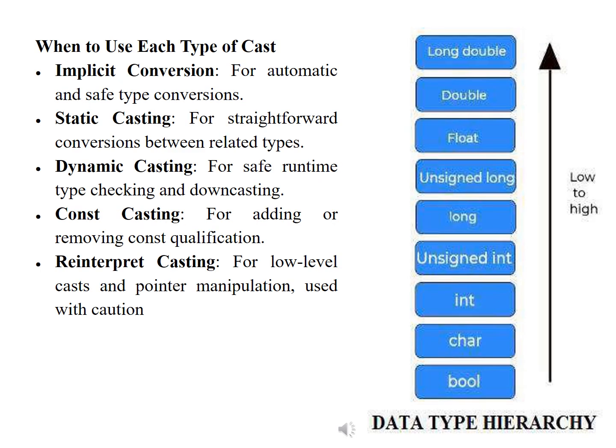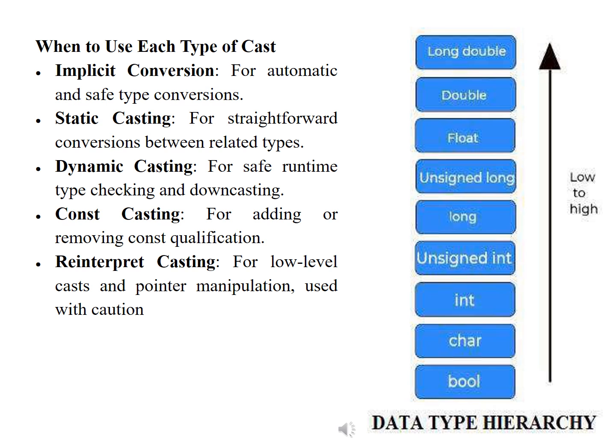We have seen both implicit and explicit type conversion, but we have to understand when to use each type of casting. Implicit conversion is an automatic and safe type of conversion. Static casting is for straightforward conversion between related types. Dynamic casting is for safe runtime type checking and downcasting.